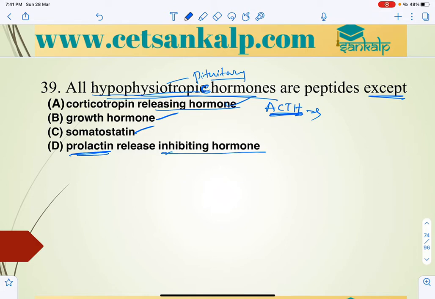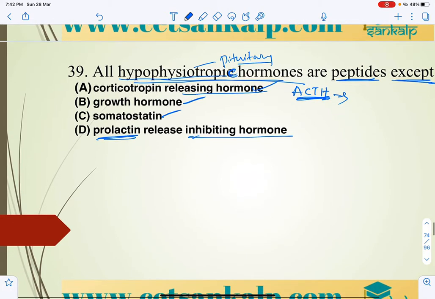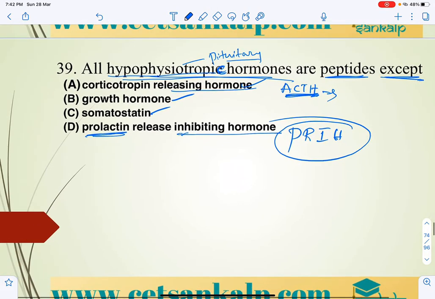In these hormones, generally all hypophysiotrophic hormones are peptides except prolactin release inhibiting hormone, which is not a peptide hormone.